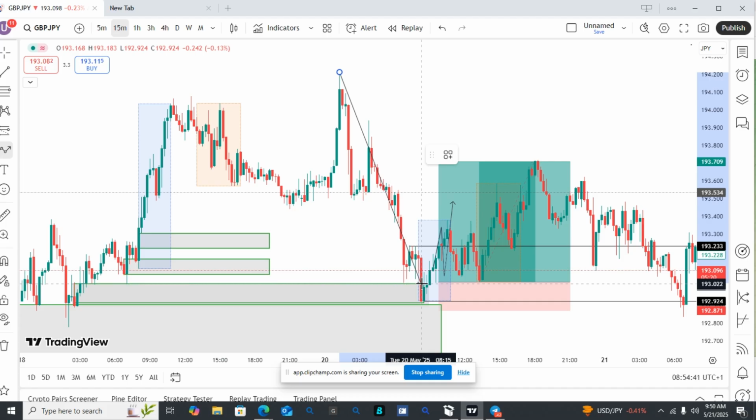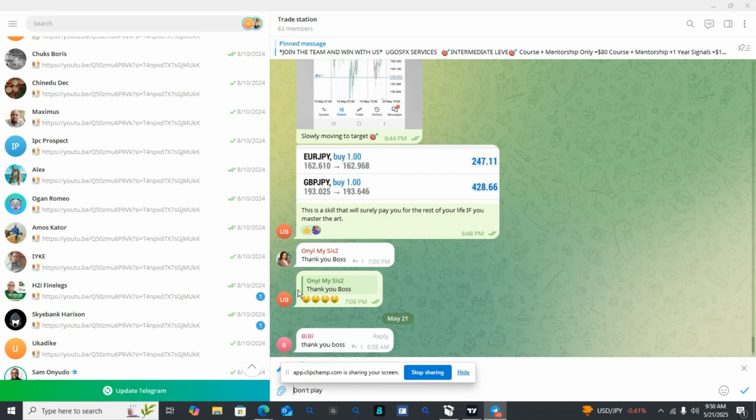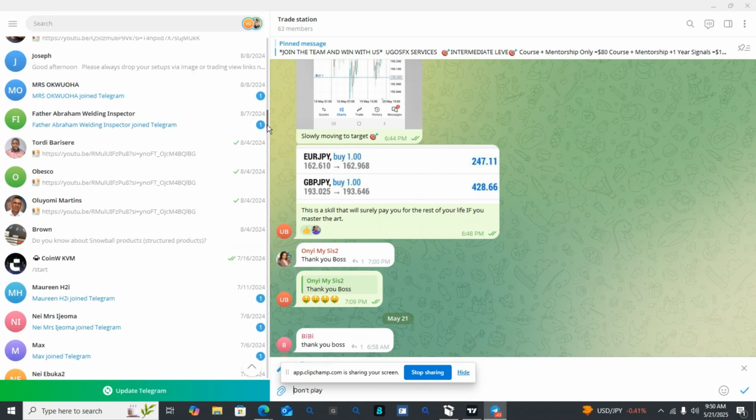I have a pending order here already. But in my paid Telegram channel, there's also something I teach them. I teach them the conservative way of trading this and the aggressive way of trading it, so that anyone you wish, you can use it to enter your trade, which is what you will see here. Let me look for it and show you the analysis I did for them.